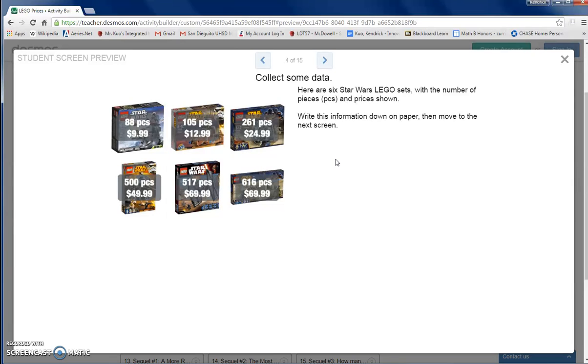The price depends on the number of pieces, right? Sometimes you could switch these around, but most of the time, the cost will always be on the y-axis. So you could say that the point 88, 9.99 is a coordinate point. Once you have all 6 of these coordinate points, you can then calculate the slope.